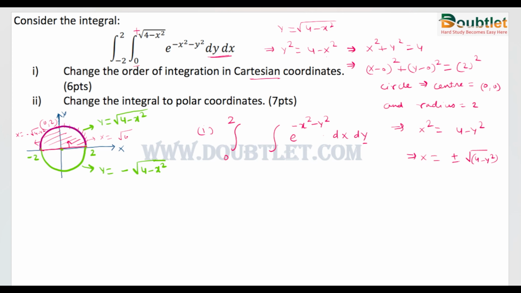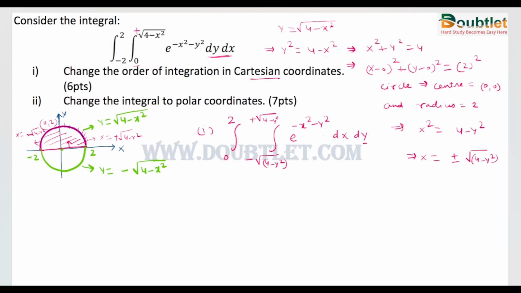So here this will be plus and this will be minus. So we can write this integration is from minus the square root of 4 minus y square to plus the square root of 4 minus y square.